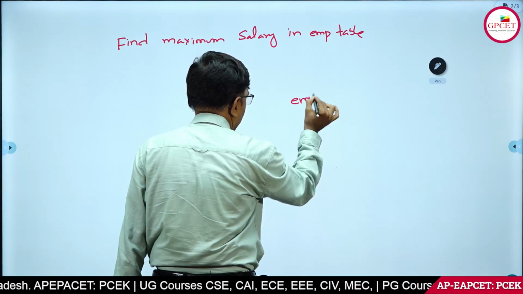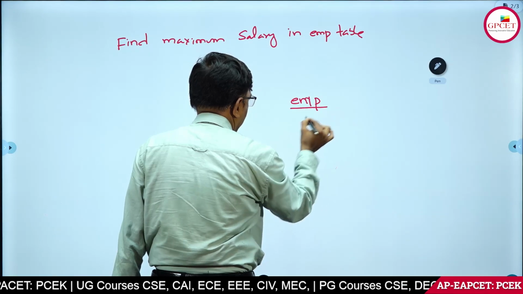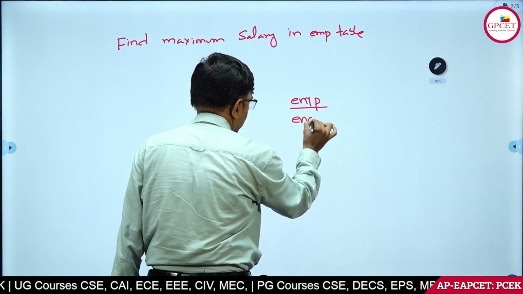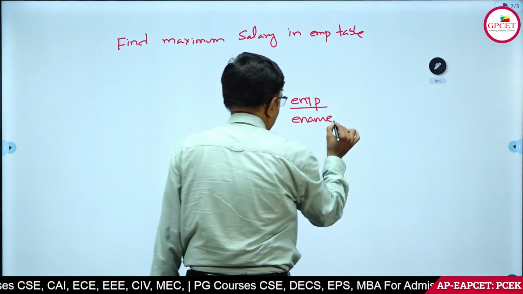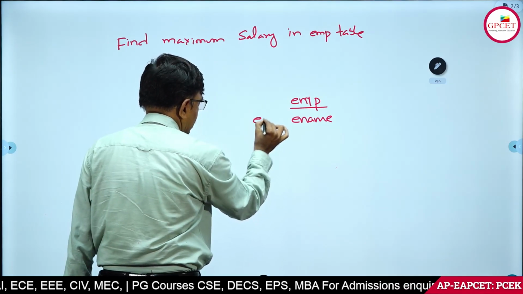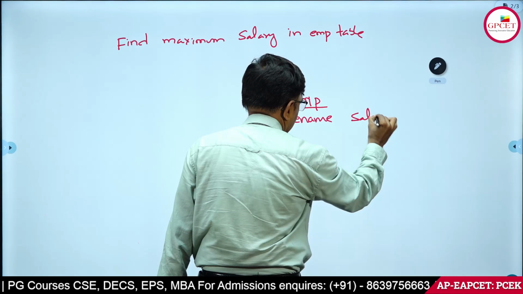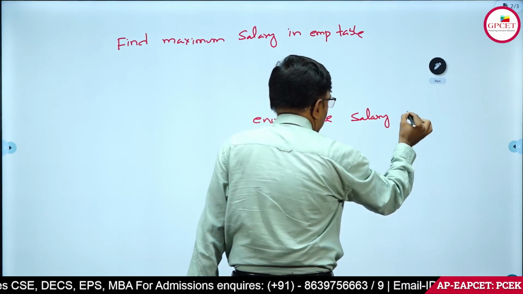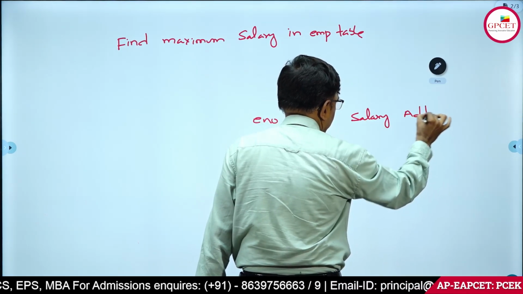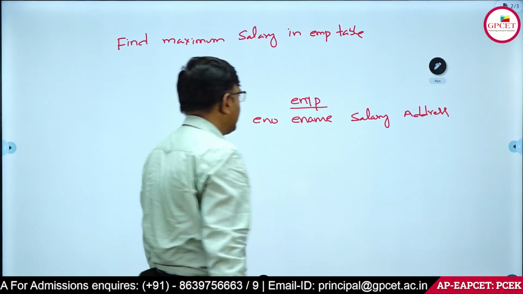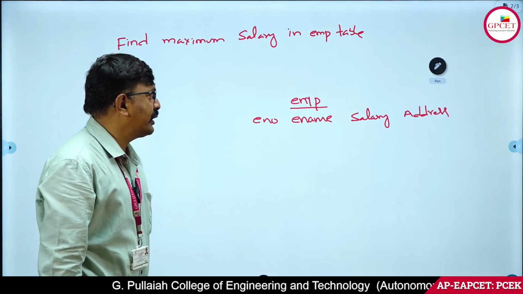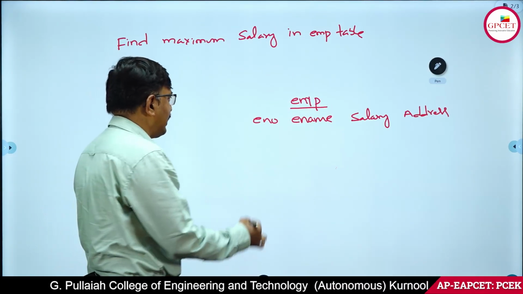The employee table has employee number, employee name, salary, address. The first column is employee number, second column employee name, third column salary, fourth column address.